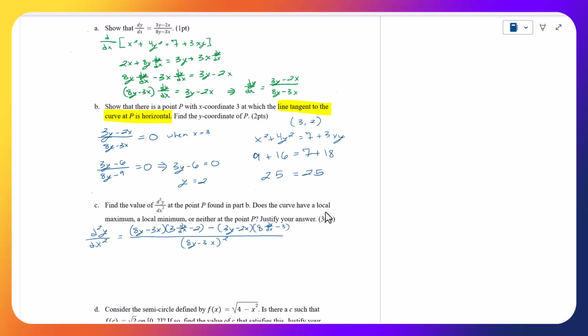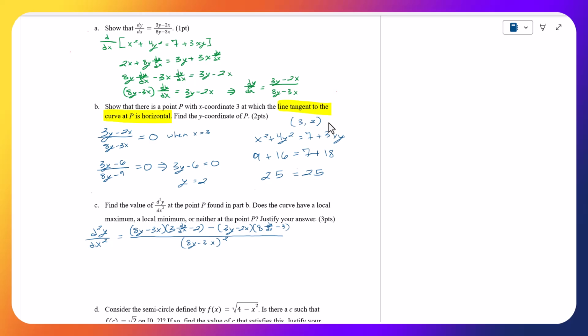And everything else will just become part of our point, 3, 2. So we have 8 times 2 minus 3 times 3, that just becomes negative 2 minus 3 times 2 minus 2 times 3.